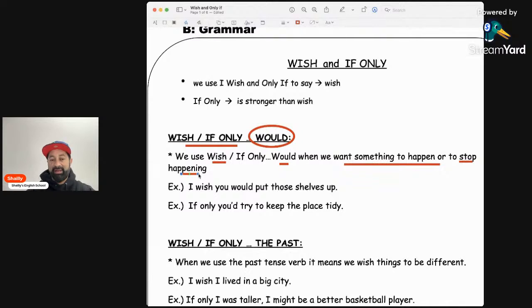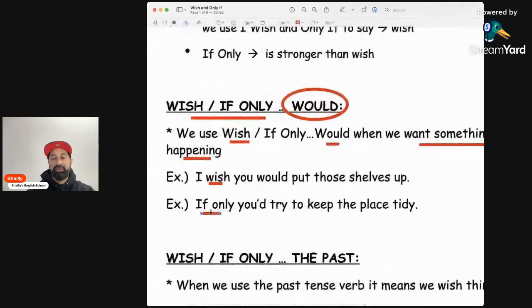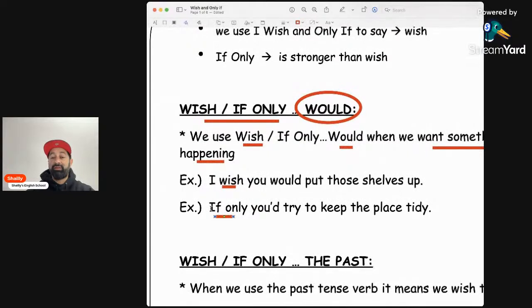I've got a couple of examples here. One with wish, one with if only. Again, same meaning. The first one says, I wish you would put those shelves up.